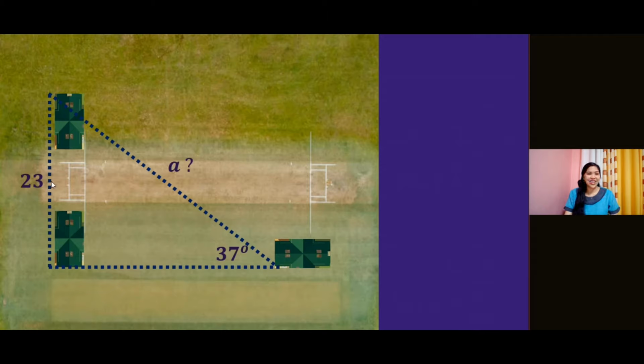Okay, 23 is our opposite side, and A here is our hypotenuse. Opposite and hypotenuse. Therefore, what ratio is applicable? That is, alright, the sine ratio. And we know when we say sine ratio, that is opposite over hypotenuse.